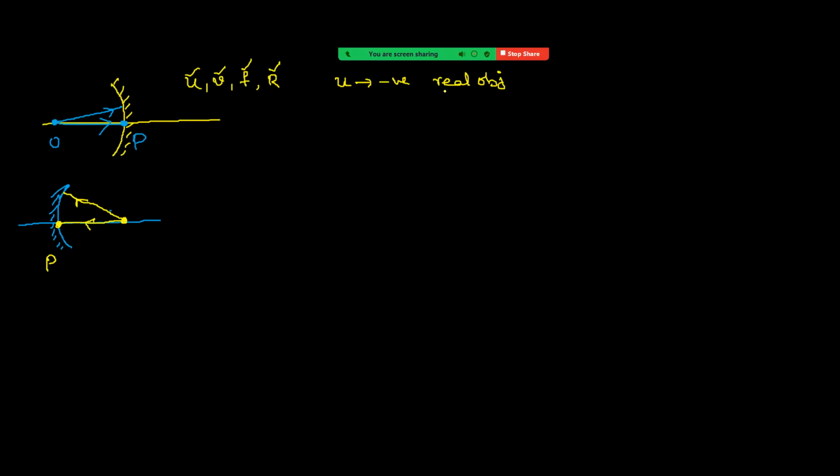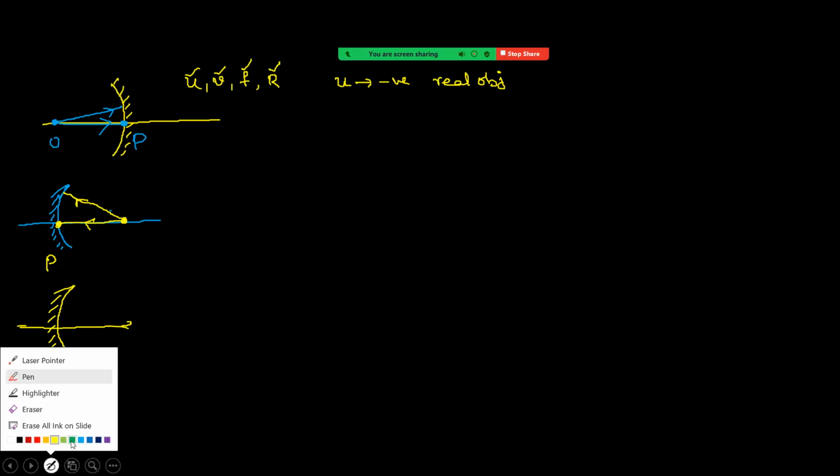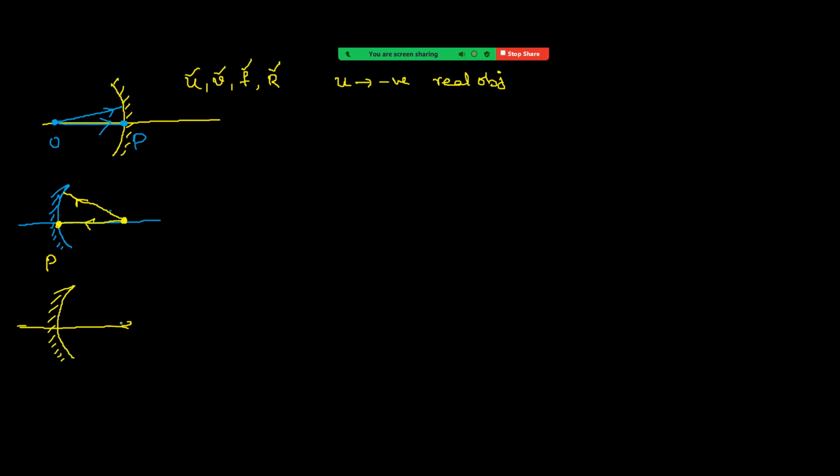Now see the meaning of a virtual object. A virtual object, as we discussed in the beginning, means a converging beam is falling on the mirror.